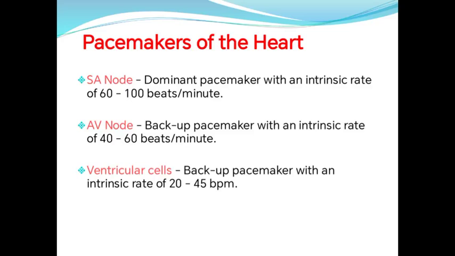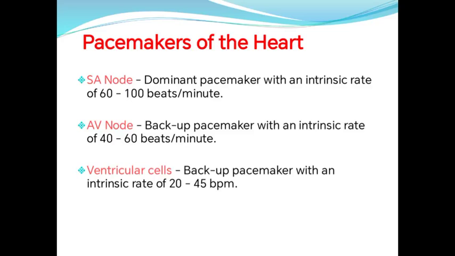If we have a heart block, then the ventricular cells have their own rhythm, with an intrinsic rate of 20 to 45. So if the patient has heart block, that means the electrical activity does not come from the sinoatrial or the AV node.